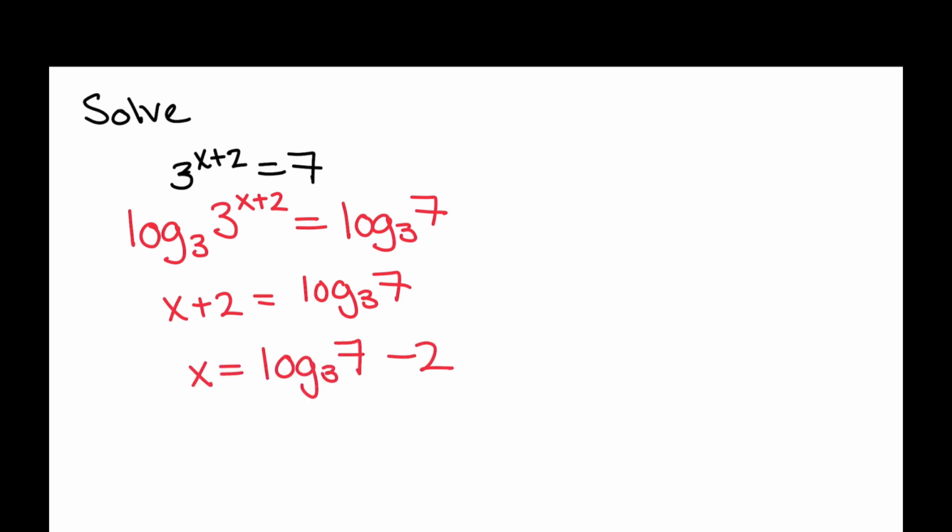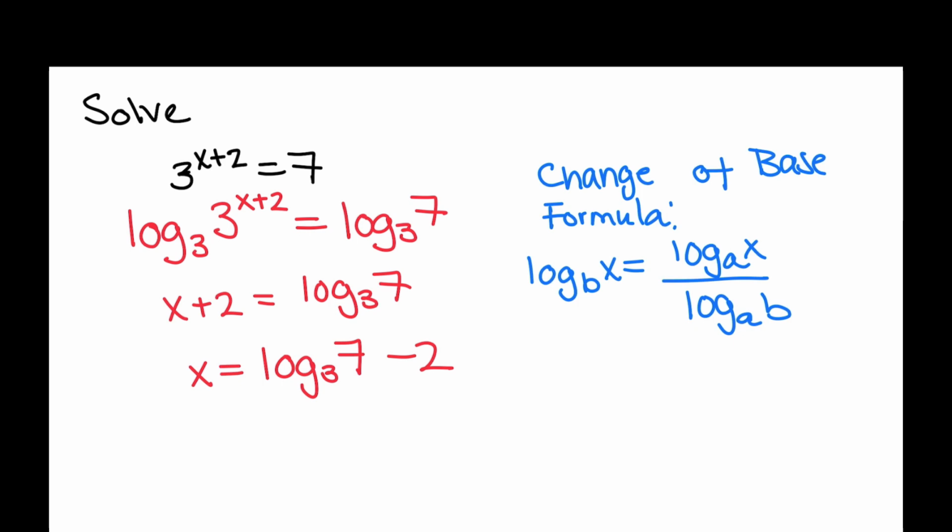To solve for x, we have to subtract the 2. So now I have log base 3 of 7 minus 2. If I wanted to get a decimal approximation and put this into a calculator, I will have to use that change of base formula. My calculator doesn't have a button for log base 3.